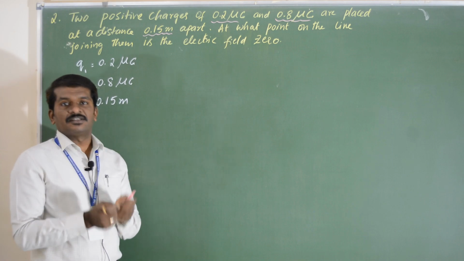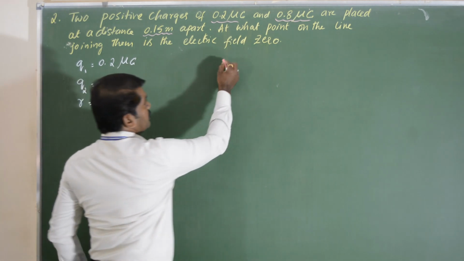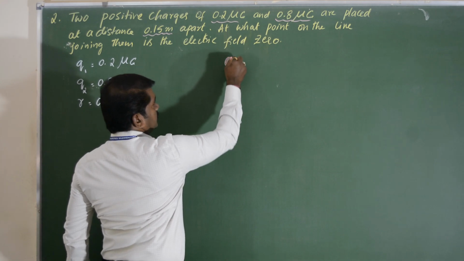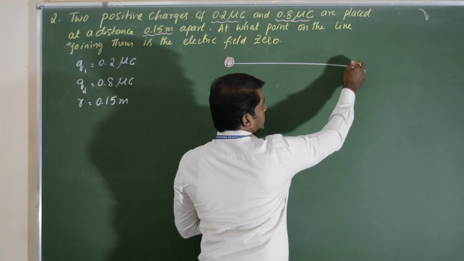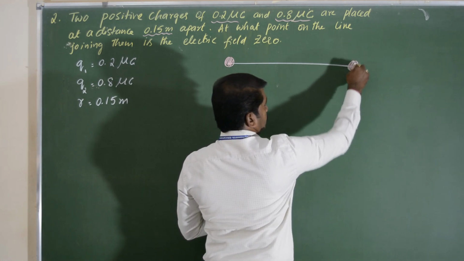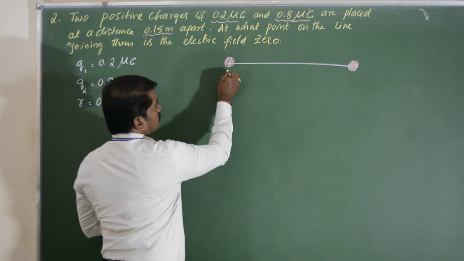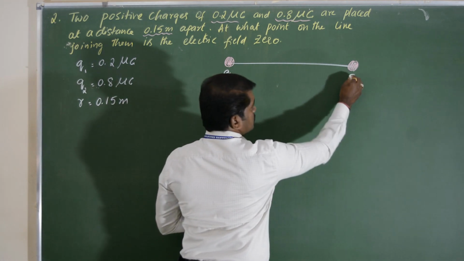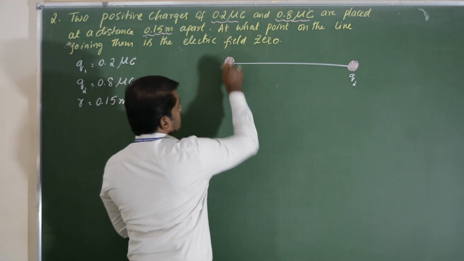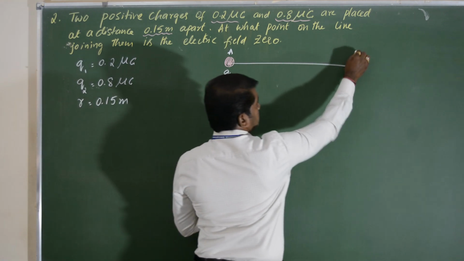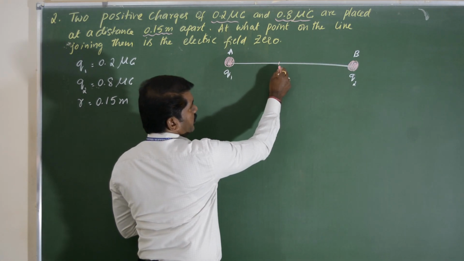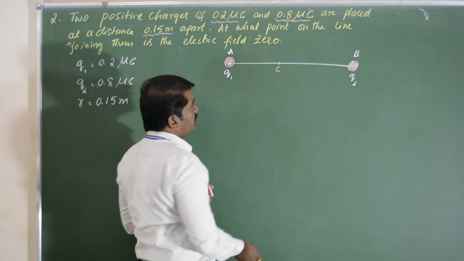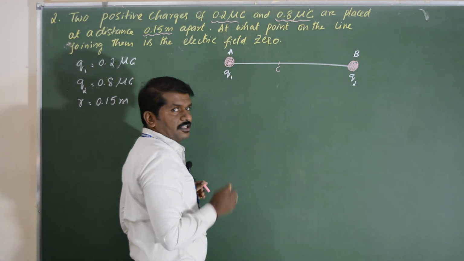To understand that, let us draw a simple diagram. Let us take a point charge and another point charge. I'll take this as q1 and this as q2, at point A and point B. Let us imagine this is the point C where the electric field must be equal to 0.